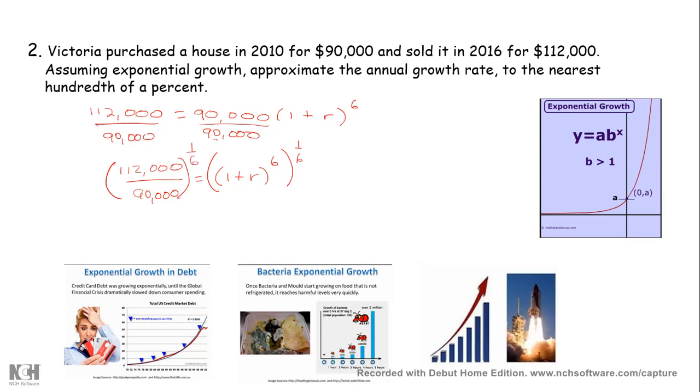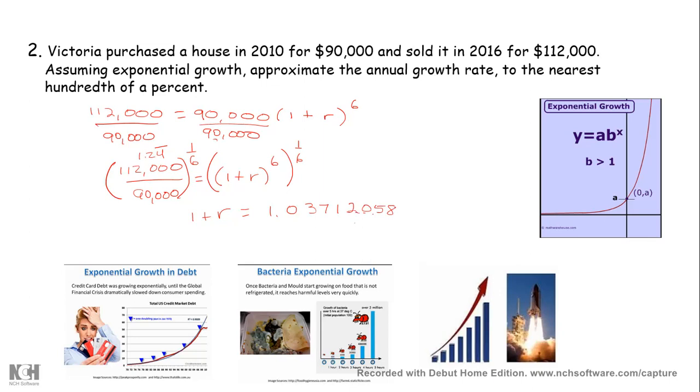And that's going to give us 1 plus the rate is equal to, and this I did write down. This was 1.24 repeating. Okay, so once I take the 6th root of it, I get 1.0371, and there's a whole bunch of other numbers in there. I think 2058.